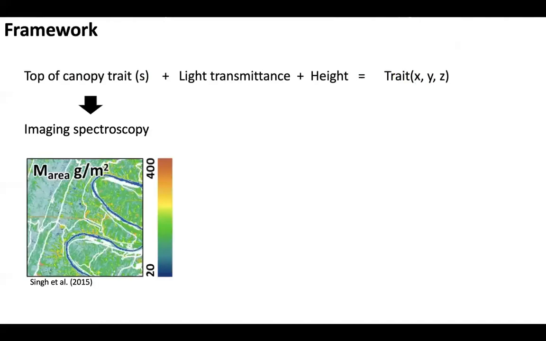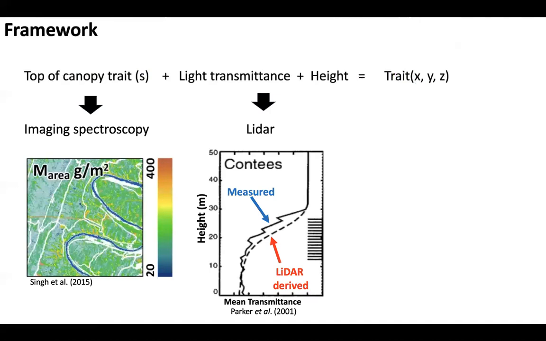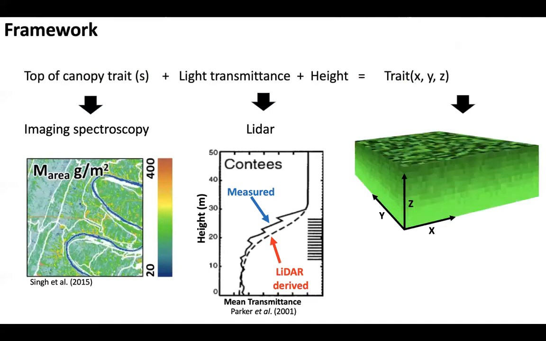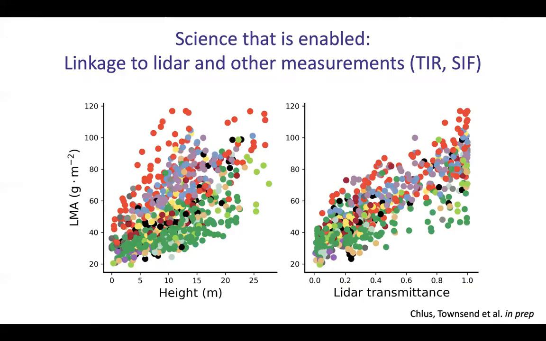So we have our map of the trait, we have the LiDAR, from which we get LiDAR transmittance through the canopy, and then we have an estimate of what the trait would look like. He's got LiDAR transmittance as his estimate of the density position within the canopy. So this is field data, and these are different species, by the way. This is LMA by height. You'll see that there is a relationship: LMA declines the closer to the surface that you get.